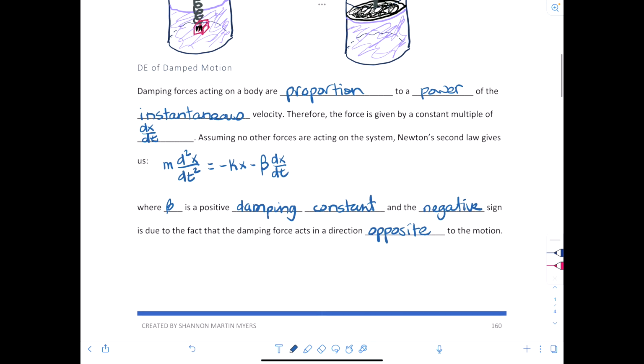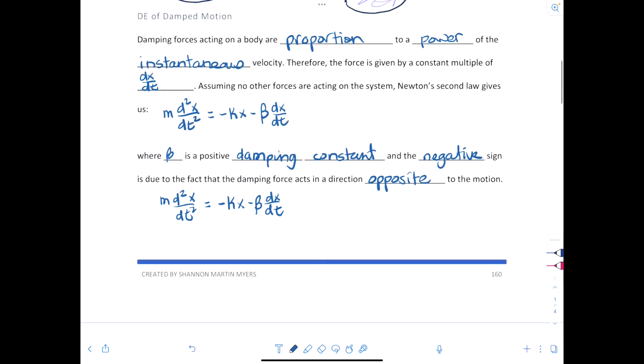All right, let's see what we have. m times the second derivative of x with respect to t is equal to negative kx, just what we wrote before, minus beta times dx/dt. Let's put it all on the same side of the equation.